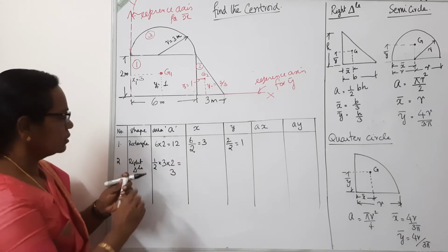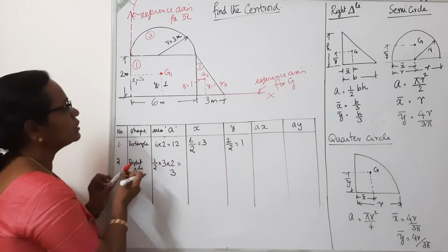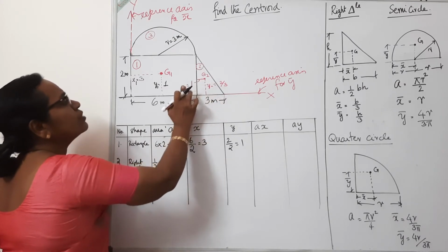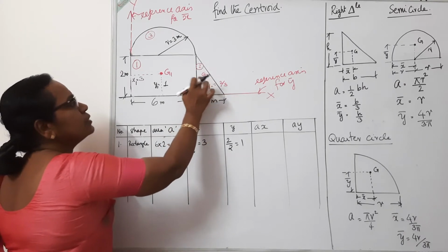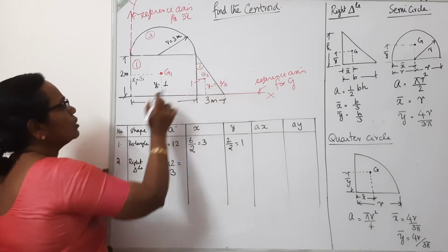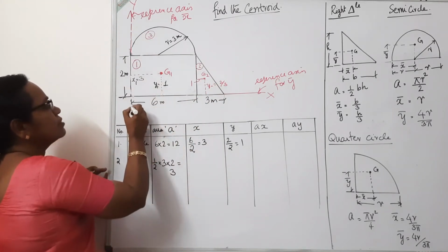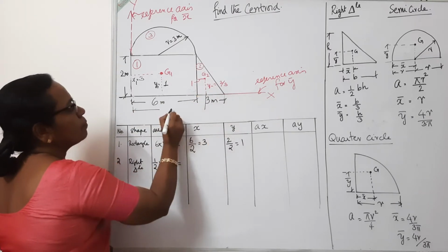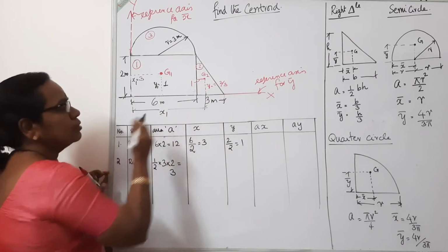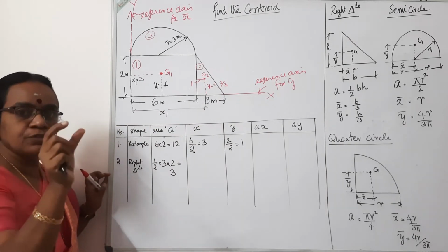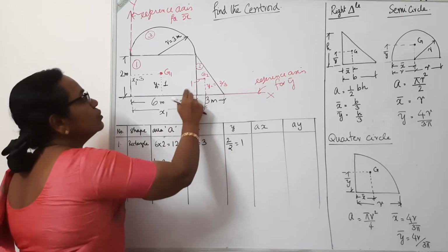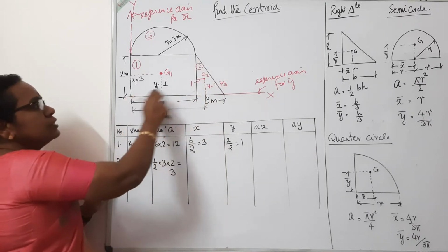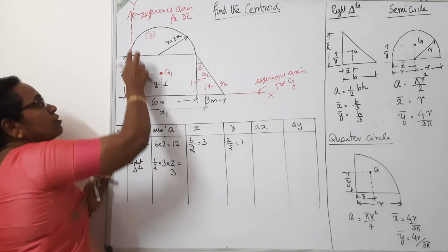So I can write here, its area is half BH. This is not actually x1; its own center of gravity is at 1 centimeter from this vertical line. But what I want is the distance to the center of gravity from the reference axis.